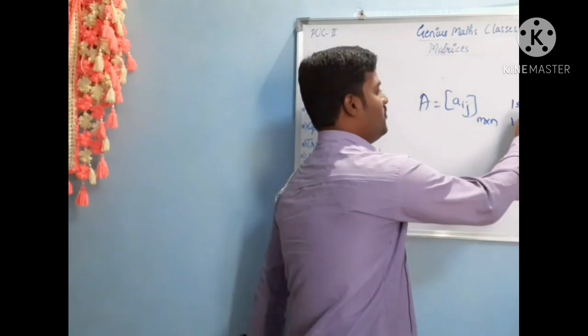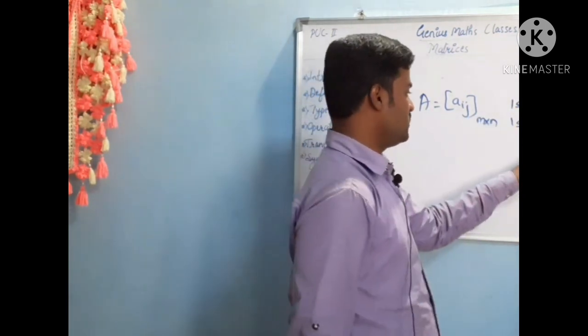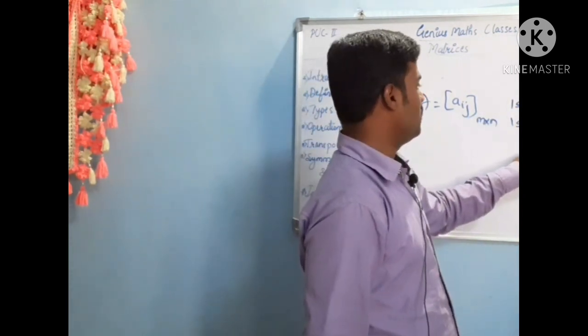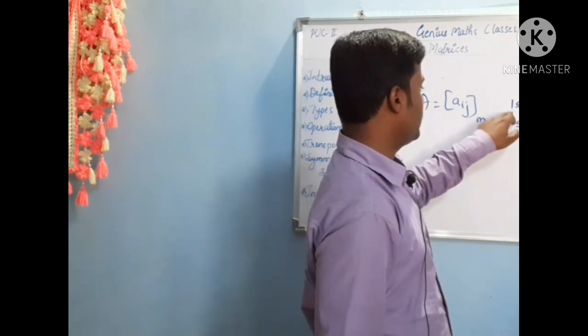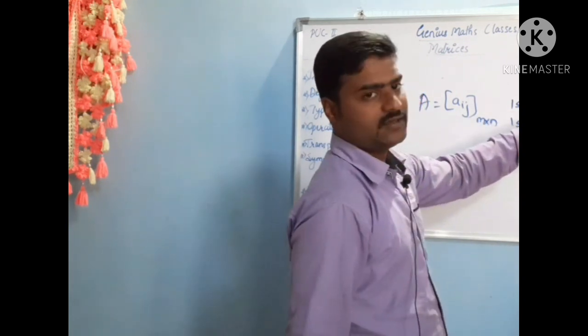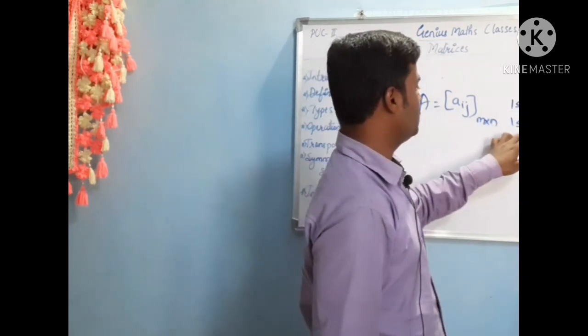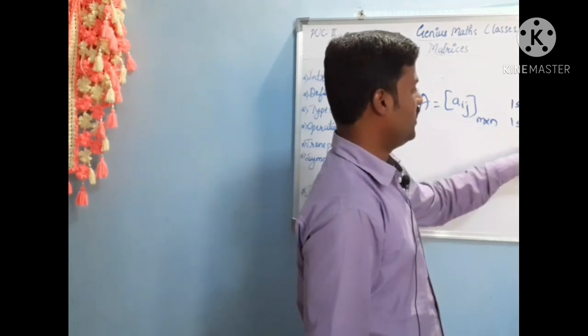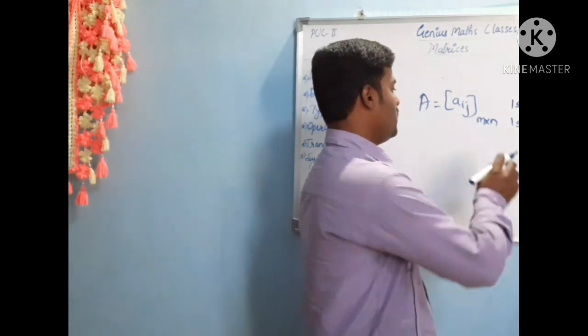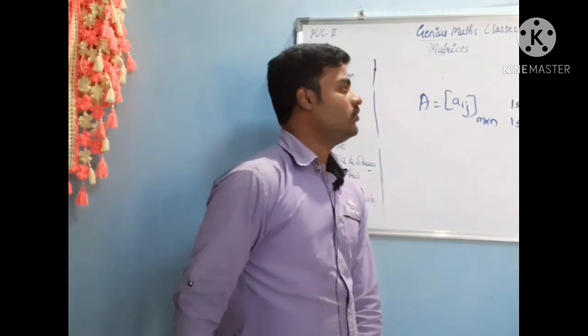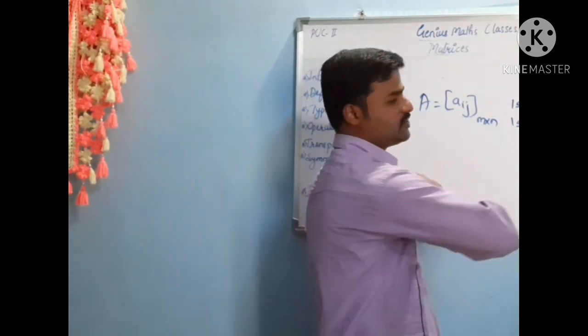Here i represents the rows and j represents the columns. So i starts with 1 and goes up to m, and j starts with 1 and goes up to n columns. That is why m cross n. So this is the general thing.